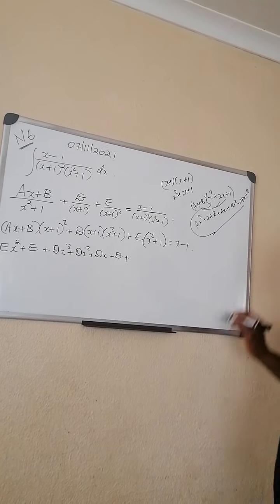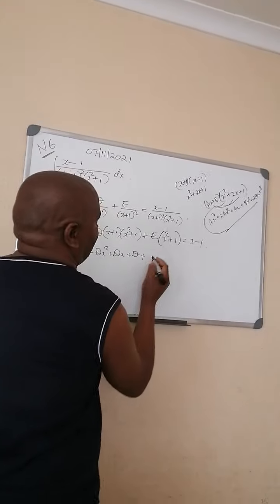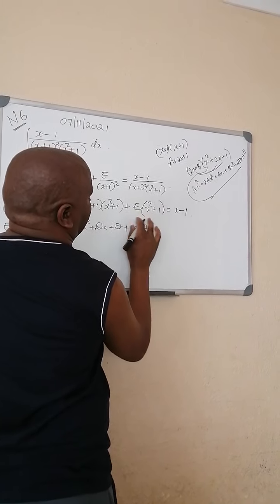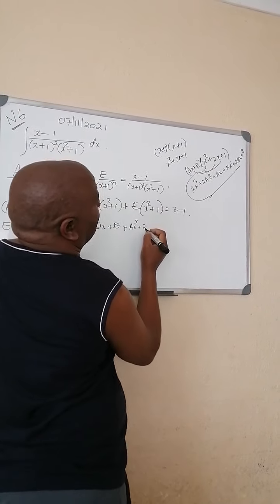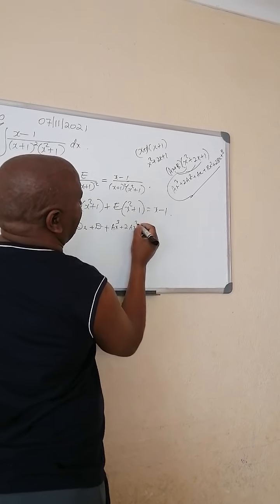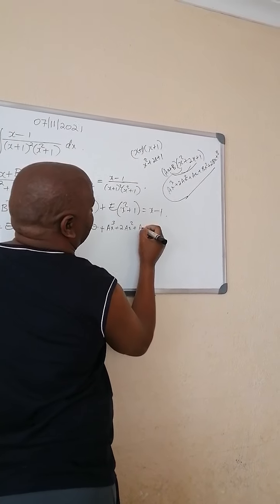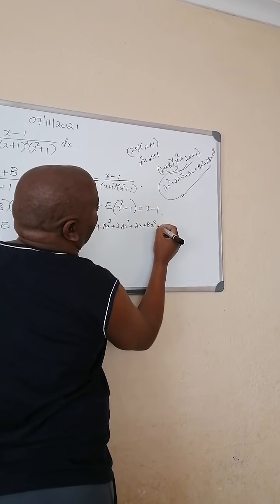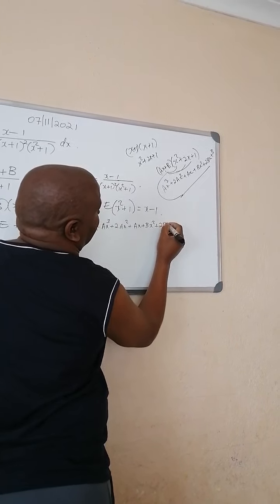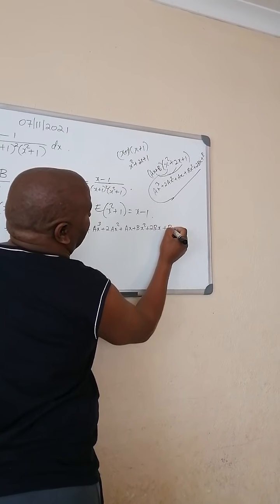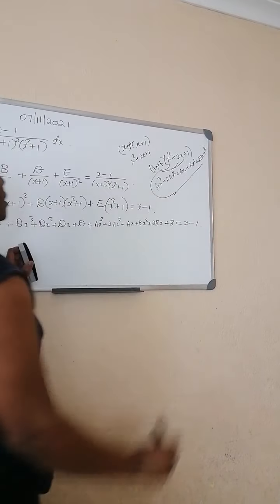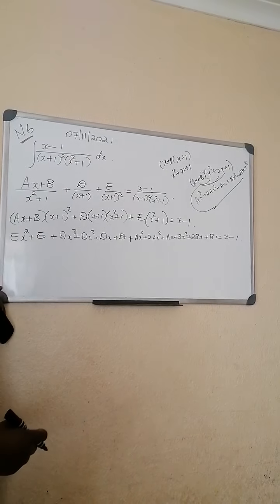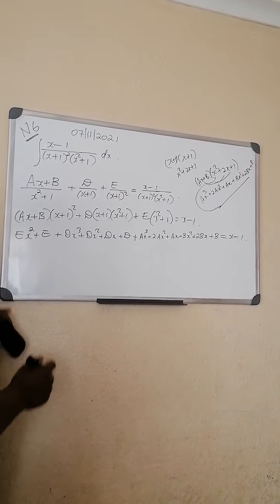Now this is all what I have, plus ax cubed plus 2ax squared plus ax plus bx squared plus 2bx plus b equals x minus 1. It's something that needs you to be very, very concentrating when you're doing it.